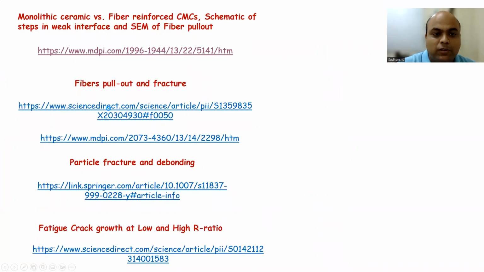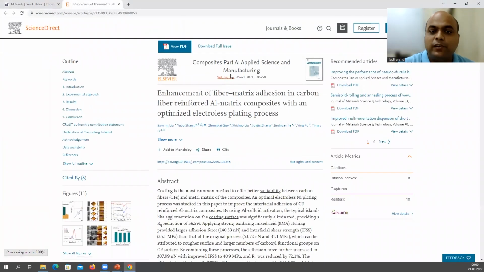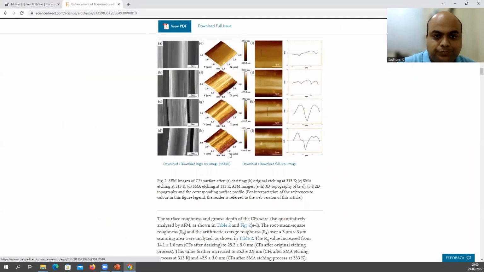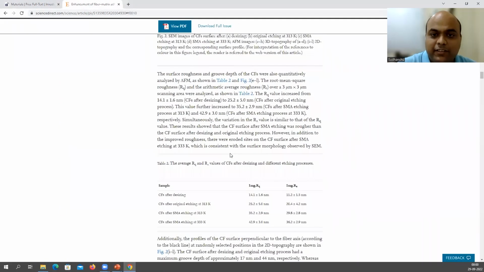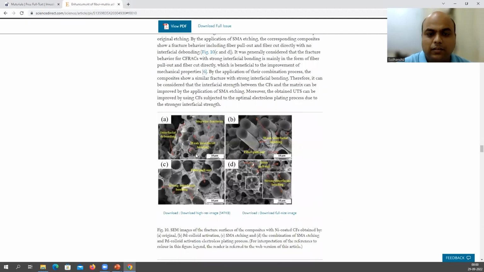Second is fiber pull out and fracture. Let us see. So this is in Composites Part A, Applied Science and Manufacturing, 2021 by Liu. See, these are your fibers. You can nicely see here fiber pull out. Okay, so see, this is the hole. So the fiber has been just pulled out.